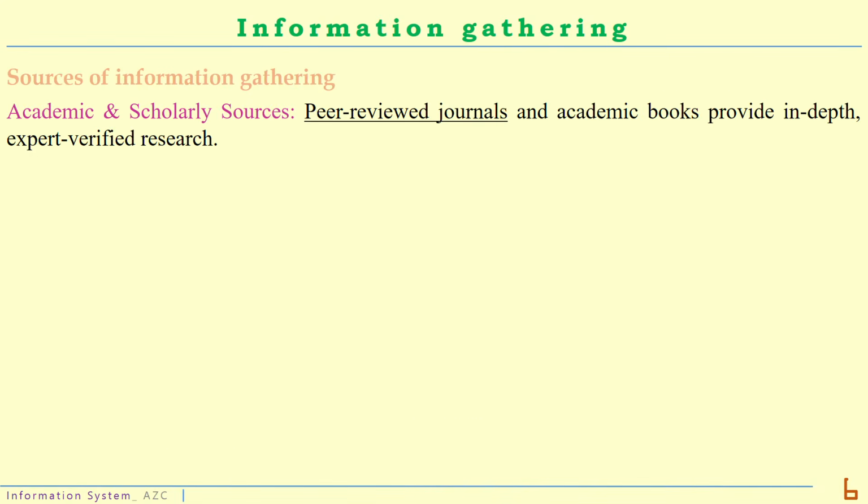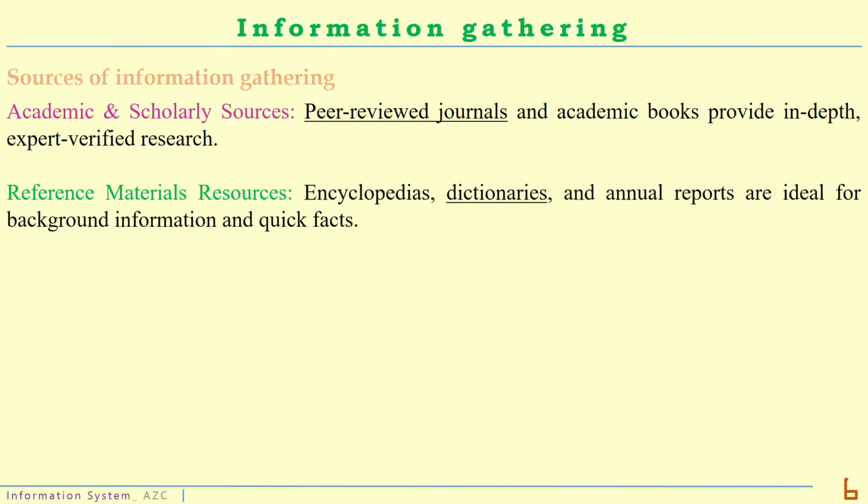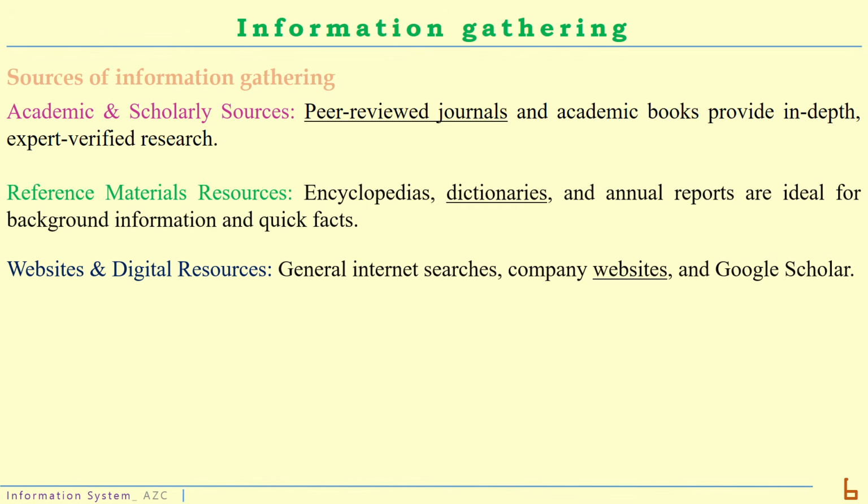Academic and scholarly sources. Peer-reviewed journals and academic books provide in-depth, expert-verified research. Reference material resources. Encyclopedias, dictionaries, and annual reports are ideal for background information and quick facts. Websites and digital resources.